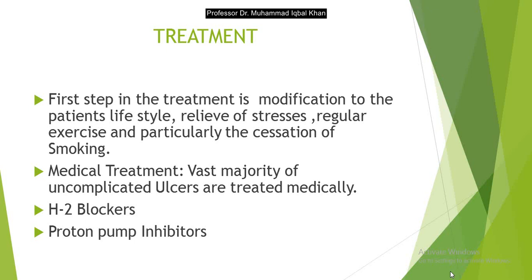The proton pump inhibitor has a very effective role in the healing of the peptic ulcer, and nowadays it is the cornerstone in the management of the peptic ulcer. So peptic ulcer disease is being treated almost 95% of the time with the proton pump inhibitor rather than the H2 blocker, because the H2 blocker has certain side effects, and the proton pump inhibitor has fewer side effects than the H2 blockers.